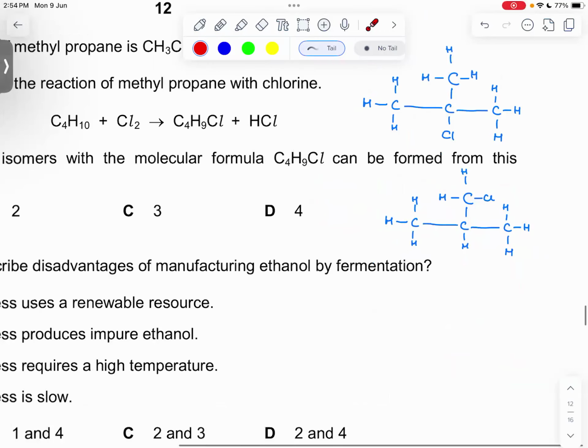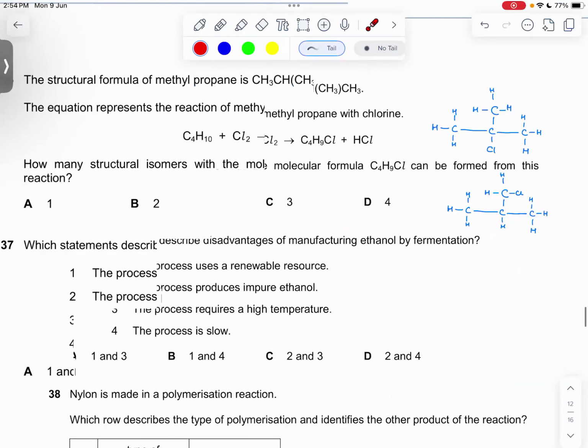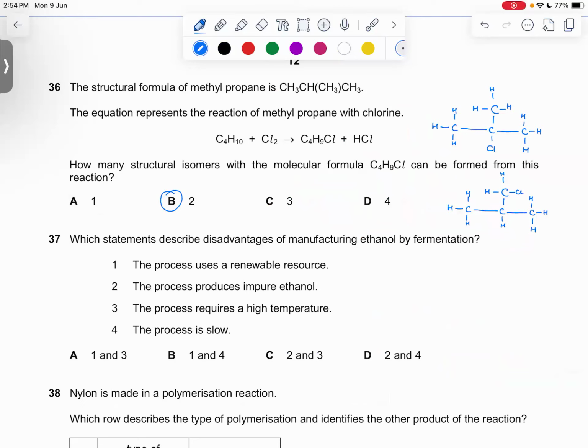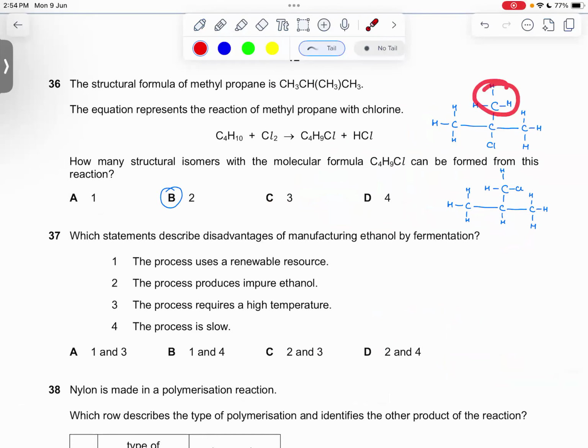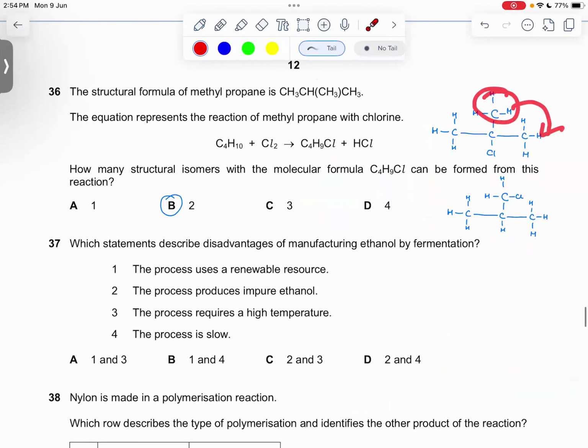So how many isomers in total? A total of 2 isomers. There can't be a third isomer from methyl propane. We could have more isomers if the carbon chain could be in a straight line, but they said we are using methyl propane in the reaction, so C4H9Cl should be made from methyl propane.